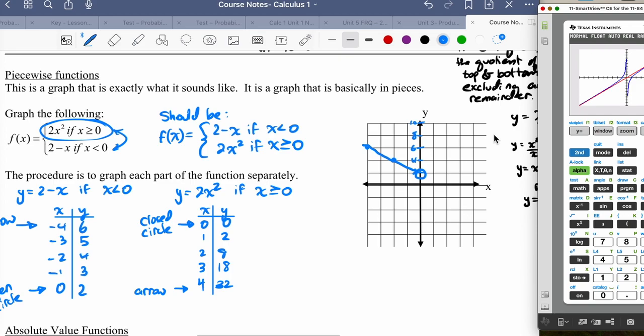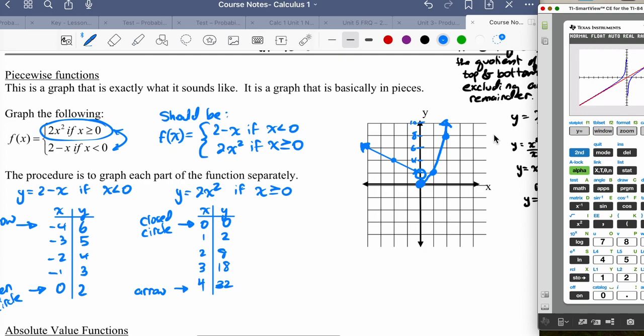So we shoot it on out here, throw an arrow on it. Then we have 0, 0, 1, 2, 2, 8. And that's really as far as we can go. We get the idea. So throw an arrow on here and you're good.